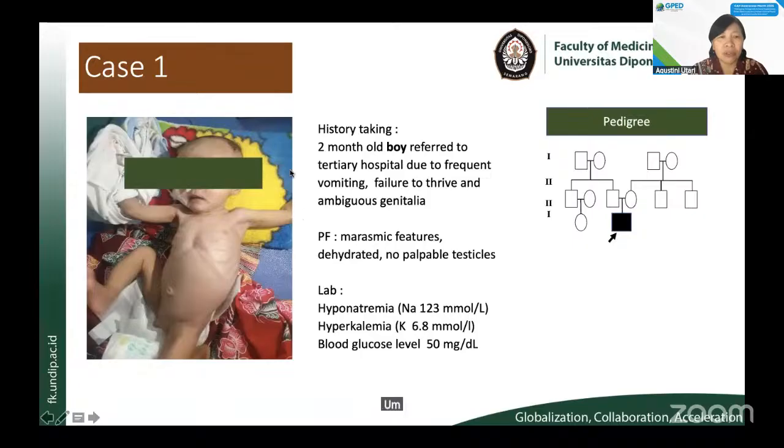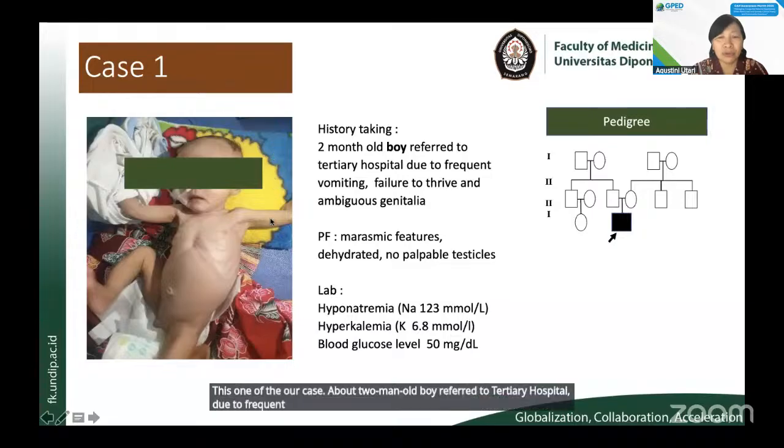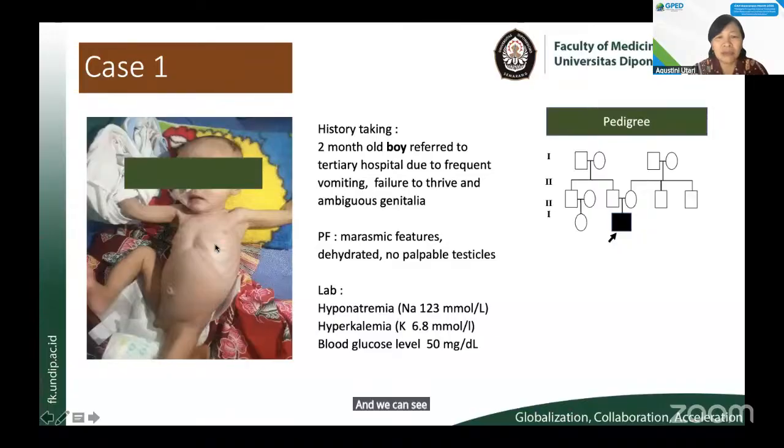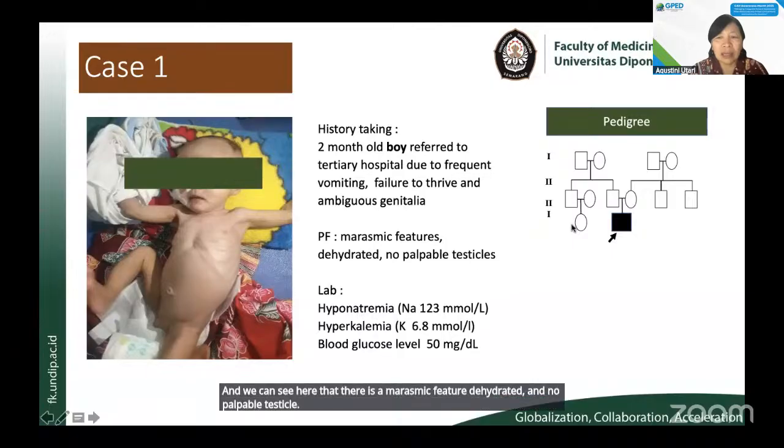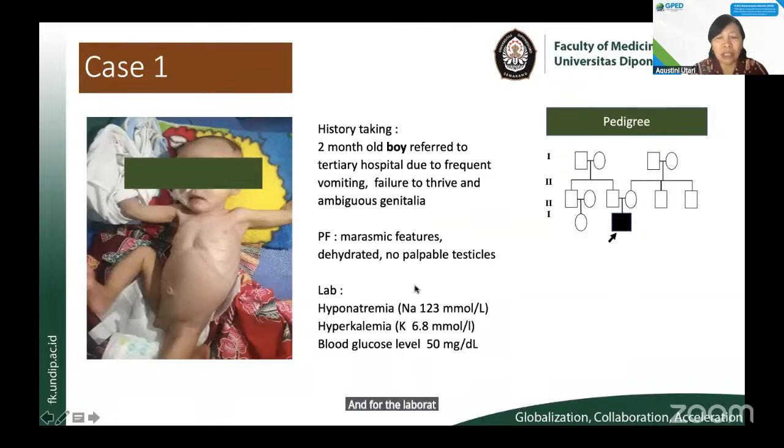This is one of our cases, a 2-month-old boy referred to a tertiary hospital due to frequent vomiting, failure to thrive, and ambiguous genitalia. We can see here there is a marasmic feature, dehydration, and no palpable testicle. In the laboratory, there is hyponatremia, hyperkalemia, and slightly low blood glucose level. In the pedigree, this is the only child in the family.